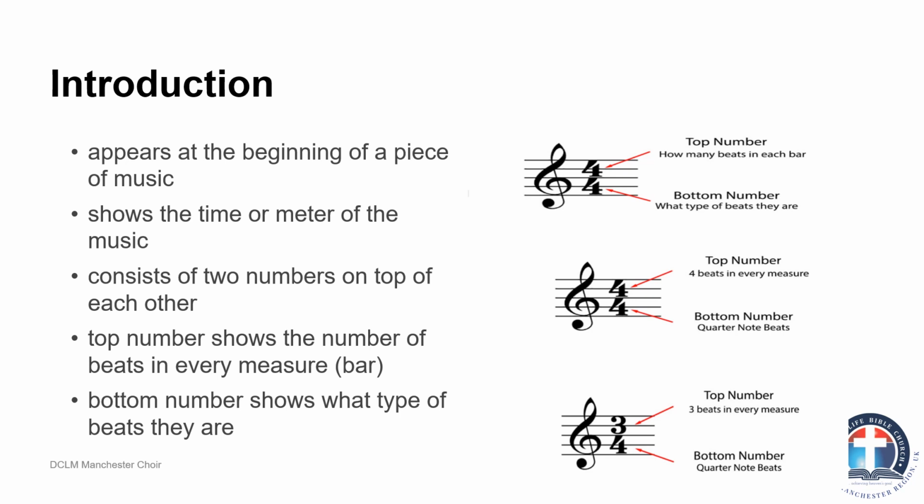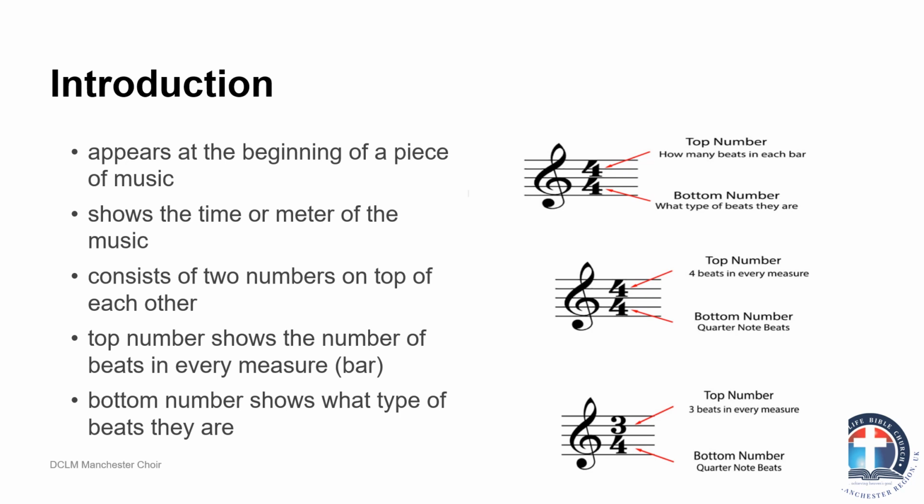For example, in a time of 4/4, the number at the top tells you how many beats there are in a bar. So in every bar, there should be 4 beats. But what type of beat should there be? There should be 4 quarter note beats, or 4 crotchet beats.